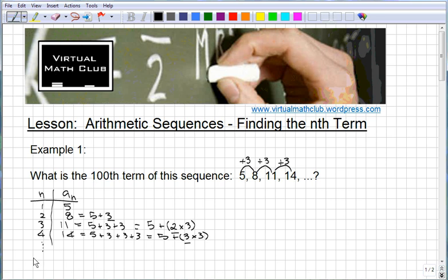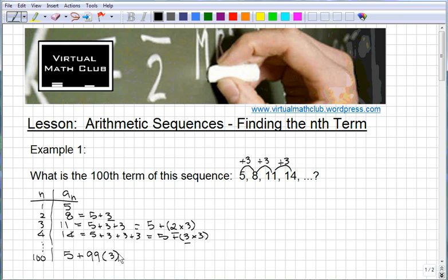So if we want to find the 100th term, we are going to take 5 plus some multiple of 3. What's the multiple of 3? It would be 99, because the number of 3's that we add lags by 1 from the number of the term.